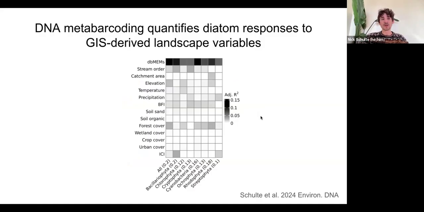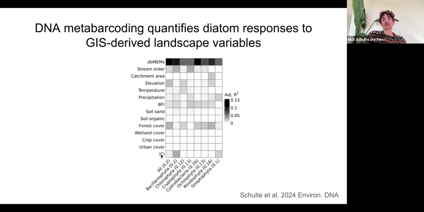At Jonah Ventures, my colleagues and I did something similar using a different genetic marker, or a different barcode, and using aquatic environmental DNA from a water filter. We didn't look at those local stress pressures, but looked at landscape variables. Both of these oftentimes play into aquatic assessments, and we found that space, or geography, was the predominant driver of diatom community composition and other algal groups as well.